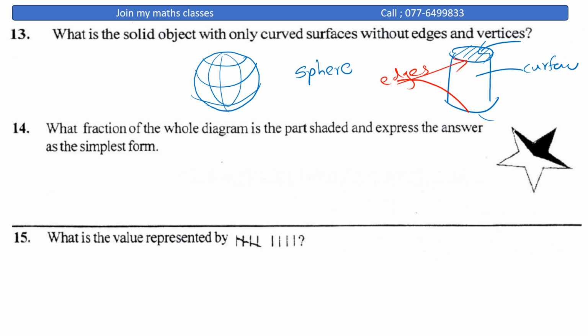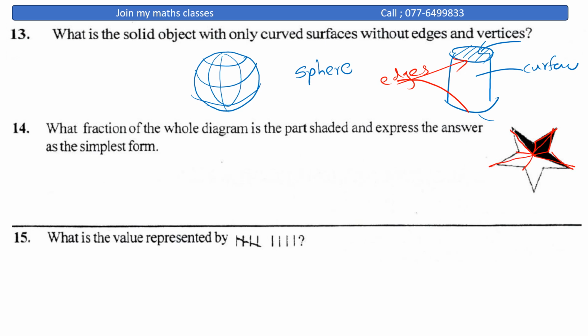What fraction of the whole diagram is the part shaded, and express the answer in the simplest form? If you divide it into parts like this, how many parts do you get?